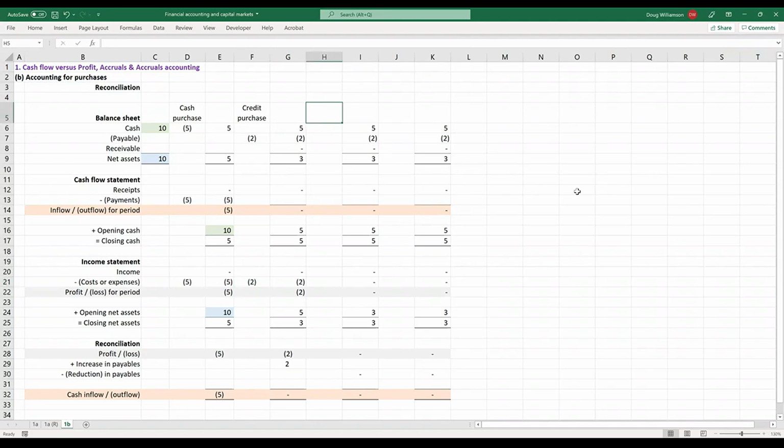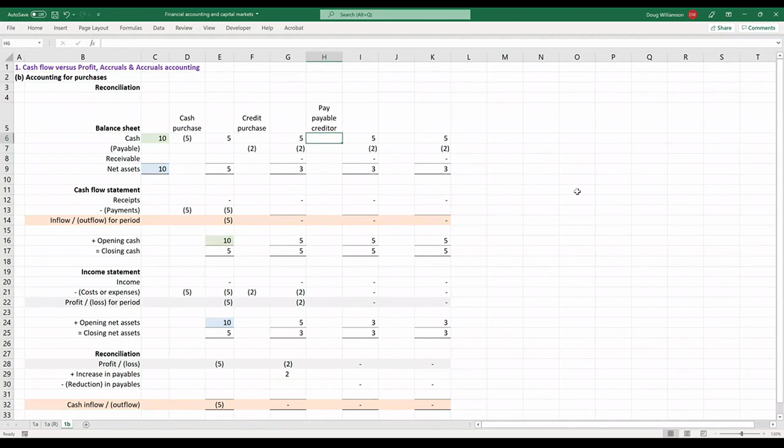Let's say we pay now, pay the payable, also known as a creditor. So let's say we pay them 1, then our cash goes down by 1, our creditor goes down by 1. So we've transformed a liability, the payable, to a reduction in our cash by paying them off.